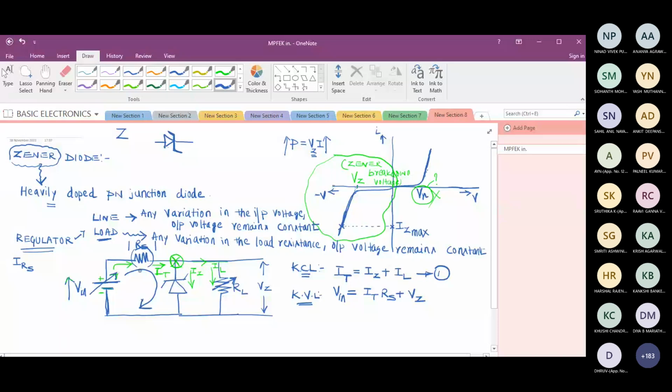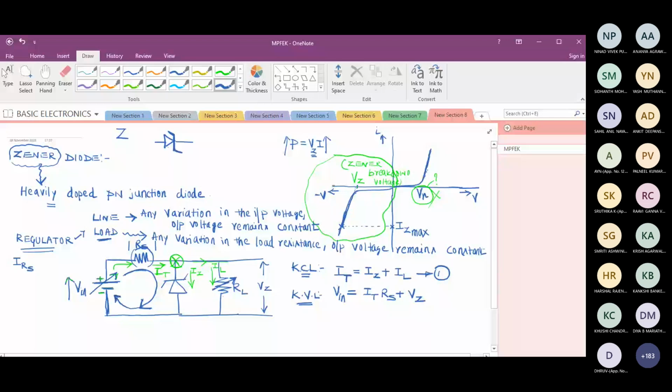In this loop, can I start from the positive potential and flow towards the negative potential like this by taking this loop?